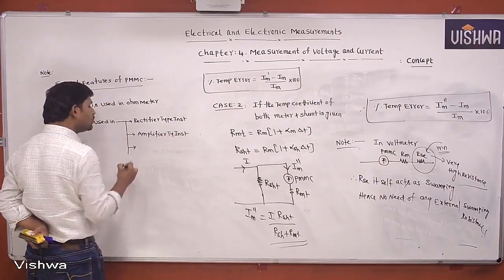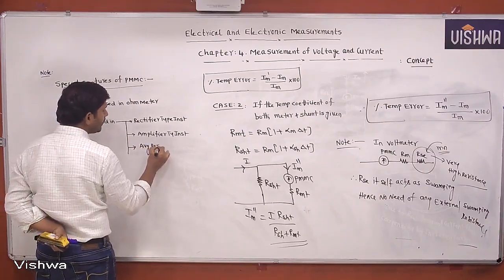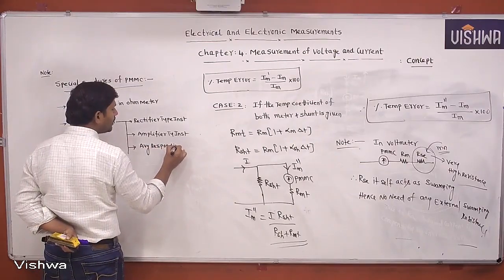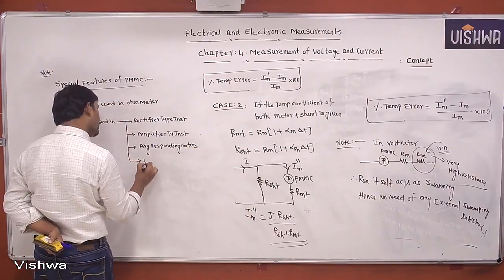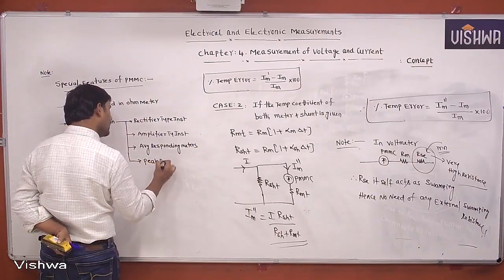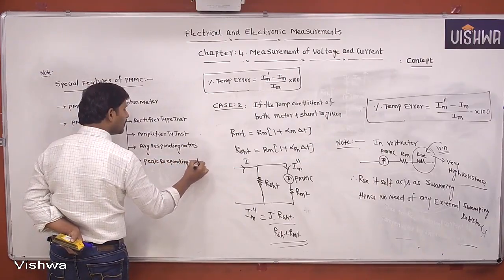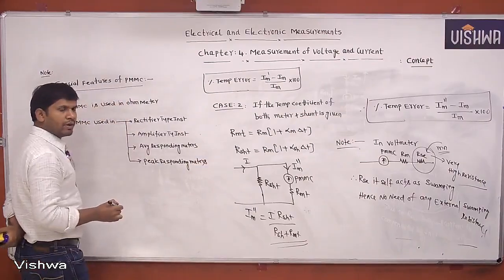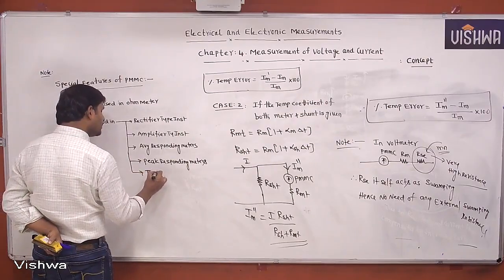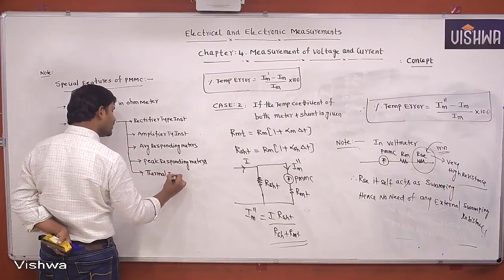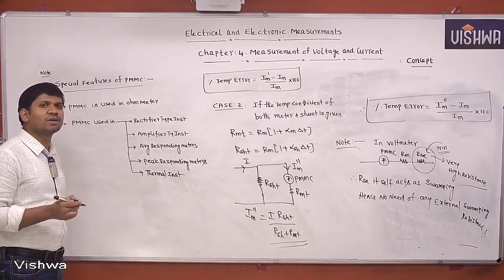Then it is also used in average responding meters and peak responding meters. In thermal instruments also we can use PMMC. Like this, in so many instruments we are using PMMC for detection purpose.